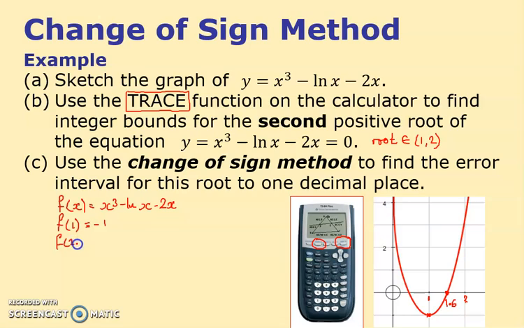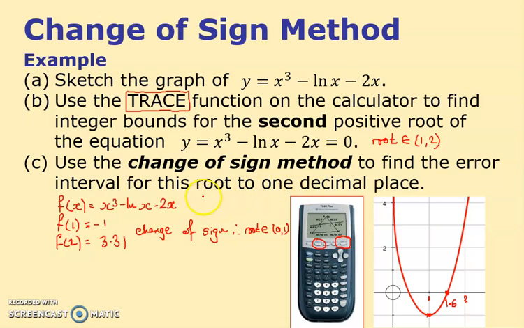F of 2, according to me, is 3.31. And I just write here, change of sign. Therefore, the root lies between 1 and 2. And it says use your change of sign method to find the error interval to this root to 1 decimal place.